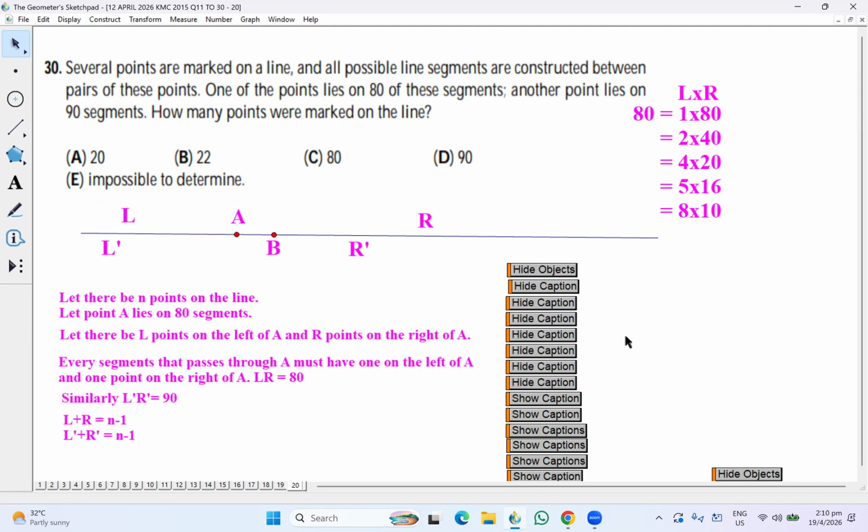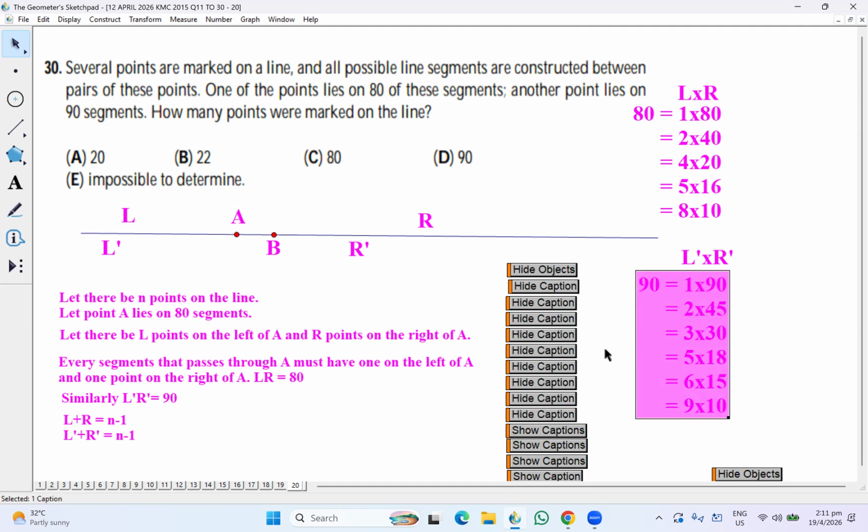We don't know yet, but we look at L prime times R prime. 1 point on the right, 90 points on the left, 2 and 45, 3 times 30, until 9 times 10. So how do we decide how many points are marked on the line? Well, that means n. What's the value of n?